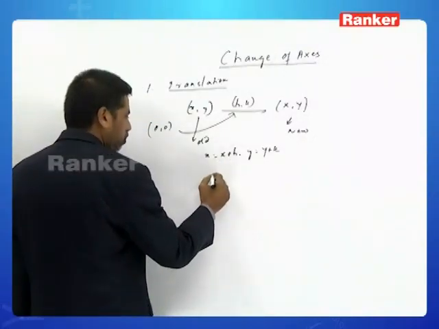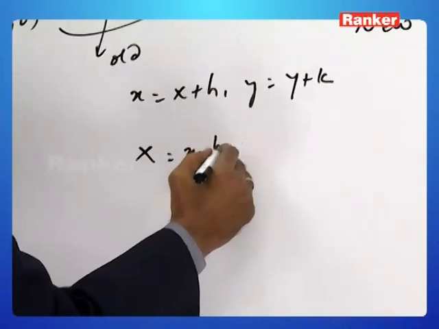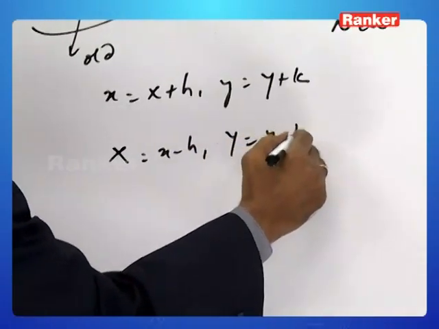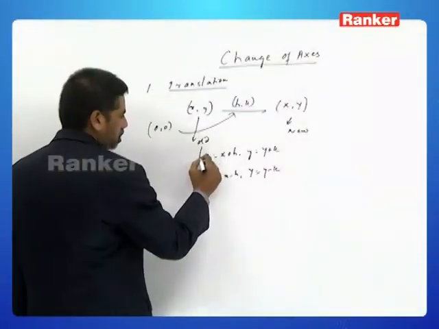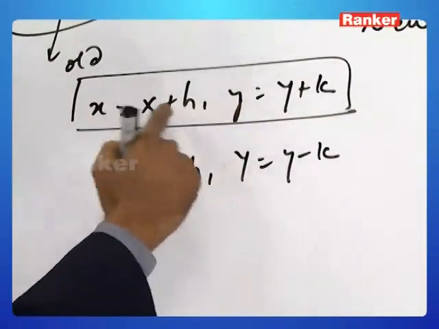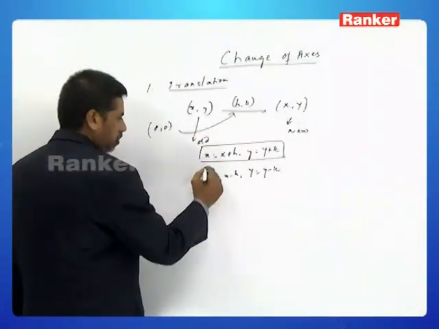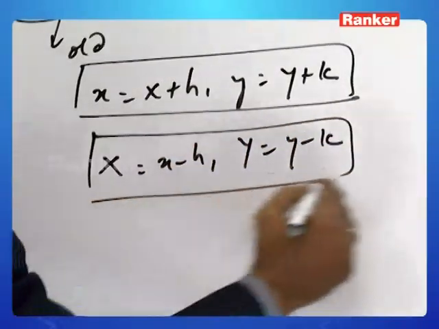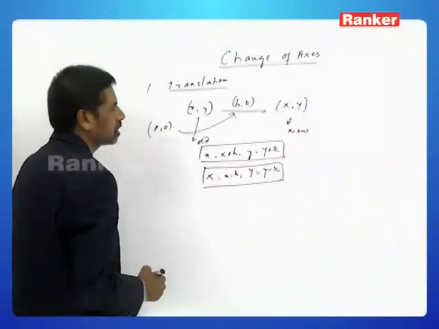If you want the new coordinates, capital X is equal to x minus h, capital Y is equal to y minus k. So you can use this to estimate old coordinates from the new coordinates. You can use this to estimate the new coordinates from the old coordinates.